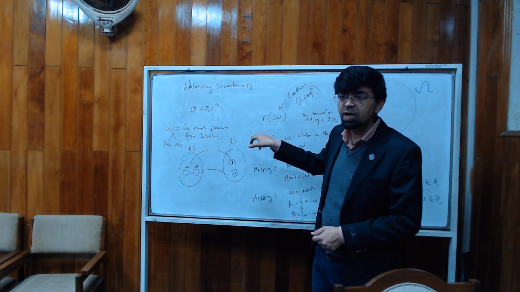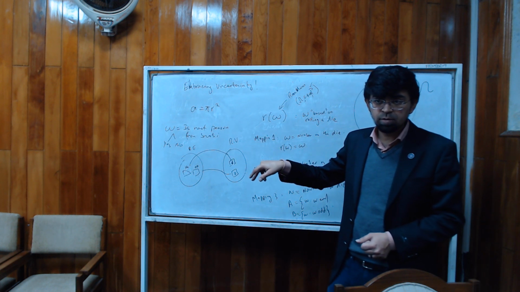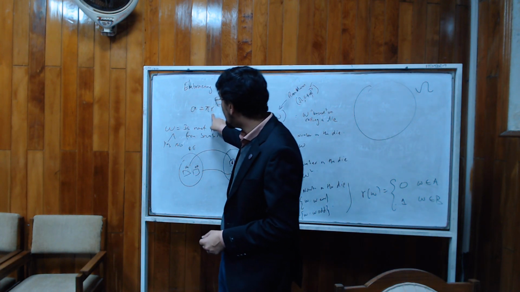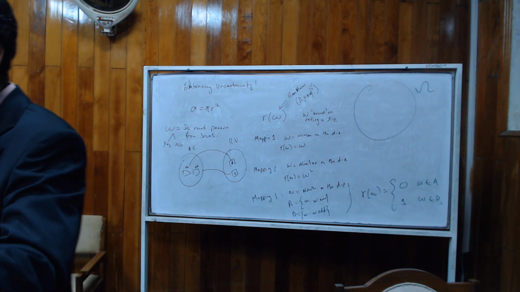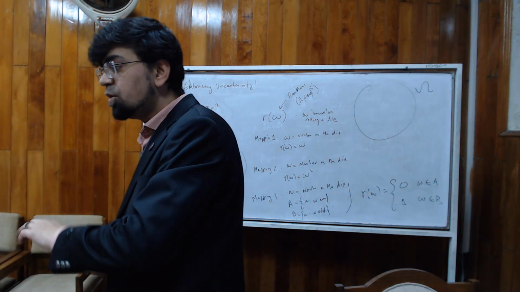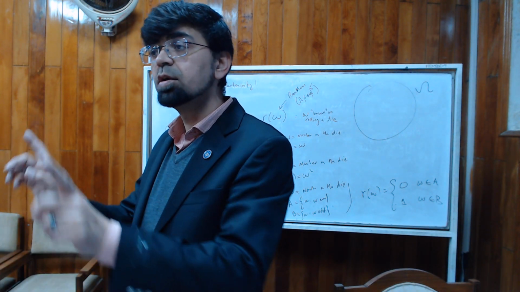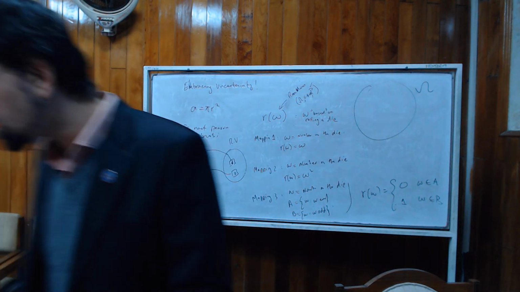So what's the value of r now? 5. What's the value of a? 25 pi. So for r, that 5 we will call one realization. Originally it was random, but now the value is known, it has become fixed, and this is one realization.